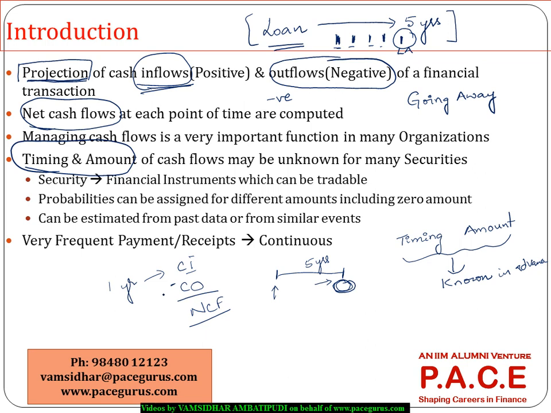If it is positive, then we say it's a net cash inflow. Otherwise, we'll say net cash outflow. This is a very important function in many organizations because the real value of the firm, we'll see later, depends very heavily on how these cash flows are managed.